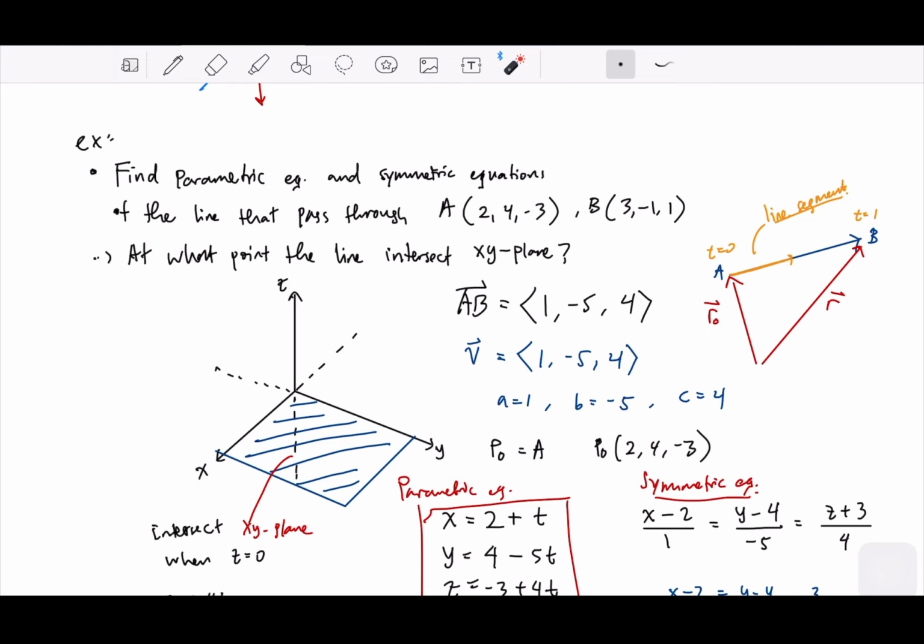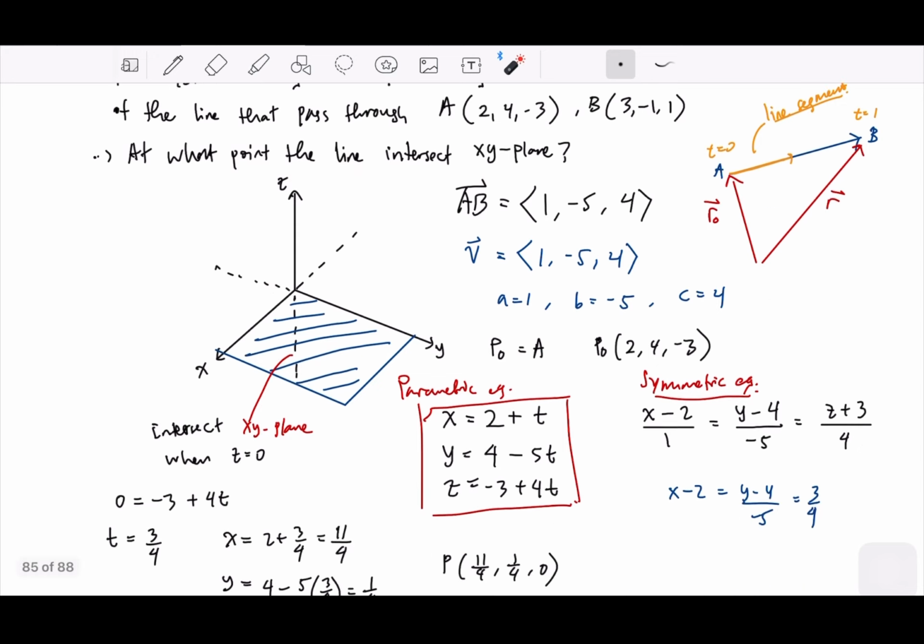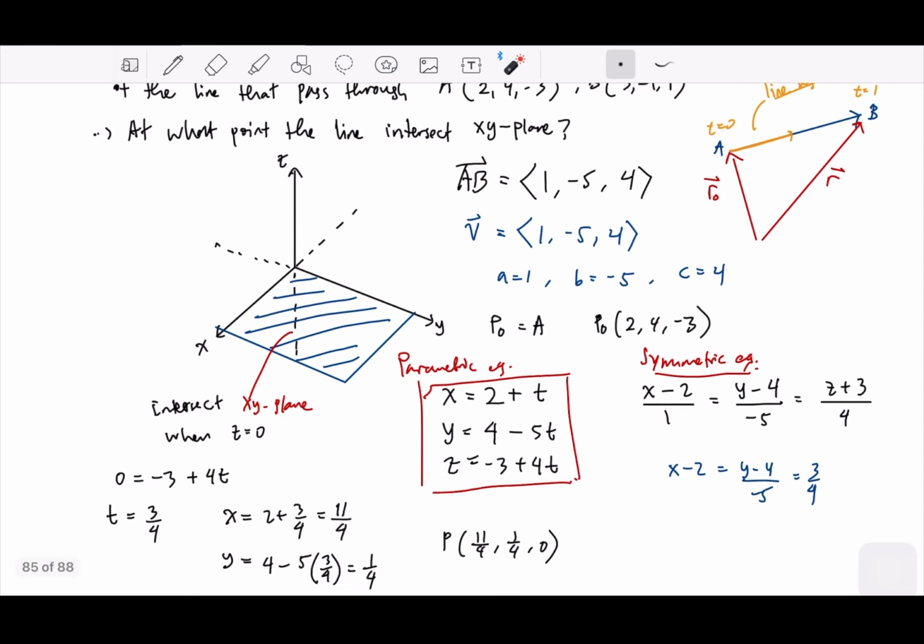We can create AB or BA, it's up to you, and make that vector our direction, so it is also our A, B, and C. The follow-up question is at what point the line intersects the XY plane. But before that, we can describe the A, B, C and the initial point, and then write down the symmetric equations.